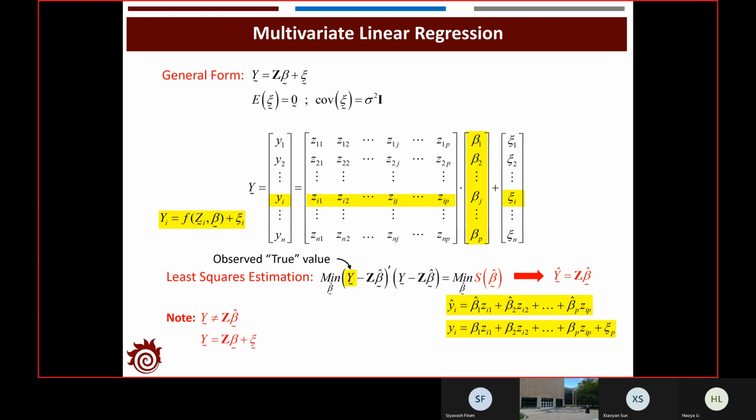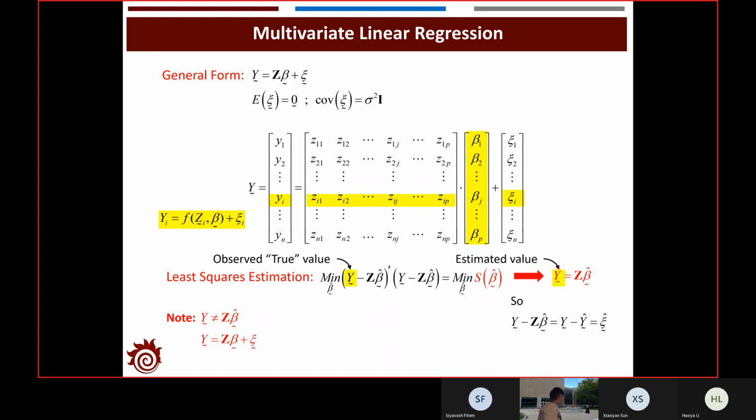But for the estimated one, we have beta 1 hat, beta 2 hat. Those are the parameters calibrated from the sample. They are not exactly the same as the true values. Also, for the estimated trip rate, we do not have any random term. So that's a difference we have to pay attention to.